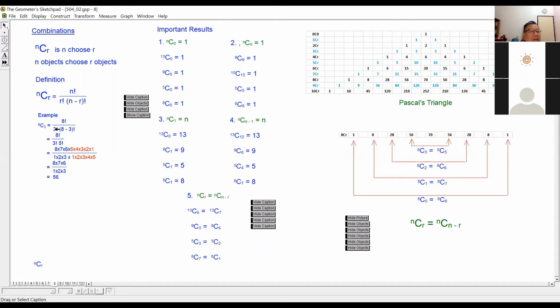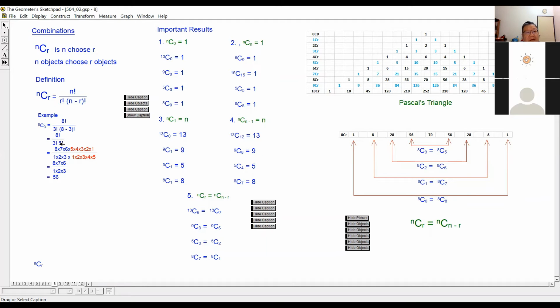How to get that one? You take 8, the number at the top, minus 3. So 8 minus 3 factorial, which is 5 factorial. So 8 choose 3 is 8 factorial over 3 factorial times 5 factorial.